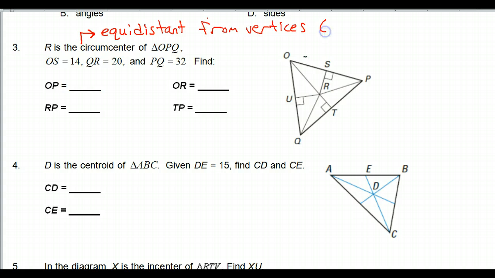And I'm also thinking that circumcenter is made up of perpendicular bisectors. Okay, first of all, let's deal with the equidistant from the vertices part.